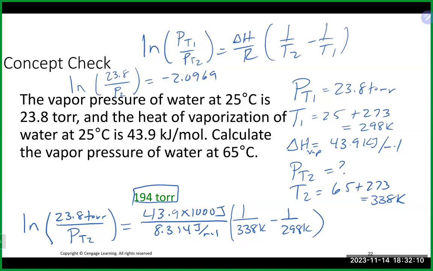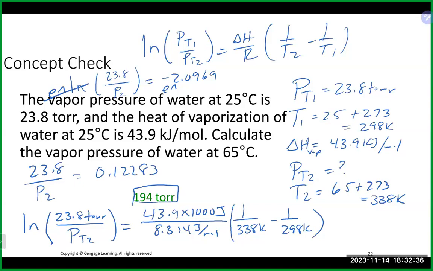At this point, I need to get rid of the natural log. To get rid of the natural log, I'm going to take the e to the power of both sides, which is usually above the natural log button on most people's calculators. That will then get us 23.8 over P2 is equal to 0.12283.